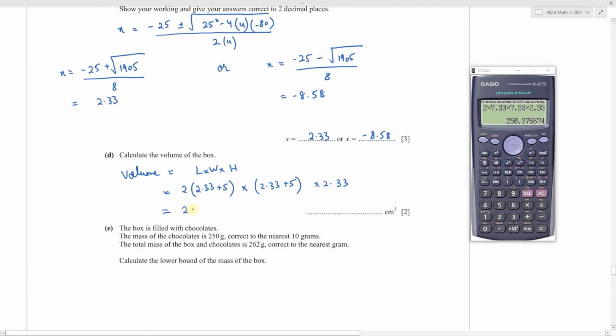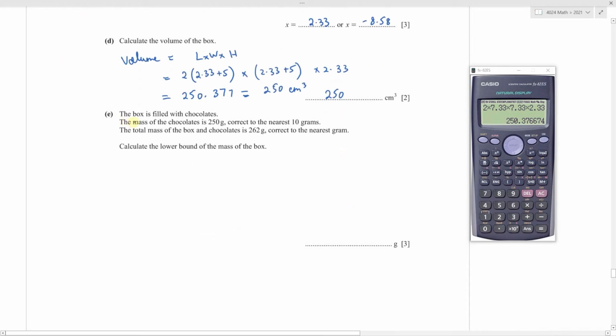So your volume here is 250.377, and if I have to write it to three significant figures, this will be 250 centimeter cube.